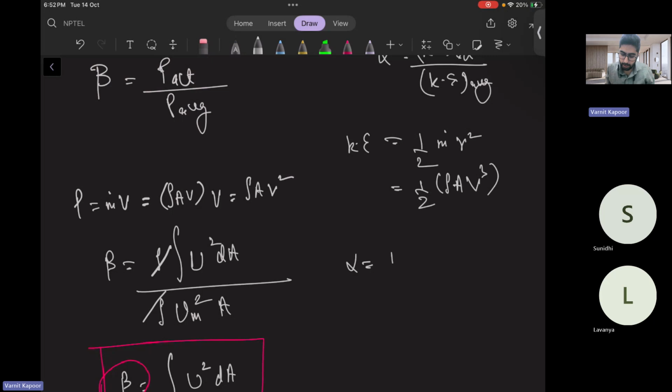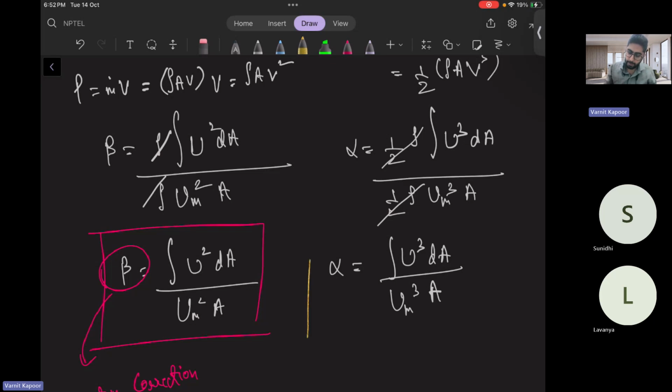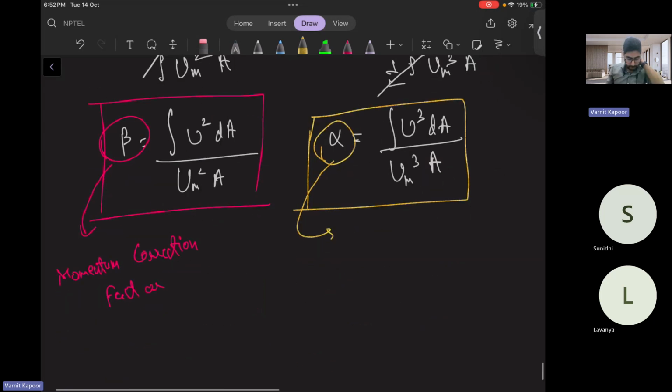So alpha will be half rho integral of U cube dA upon half rho A U mean cube. So this and this cancel out, and finally alpha will come out to be integral of U cube dA over U mean cube A, only a difference of order of the velocity. This is your kinetic energy correction factor.